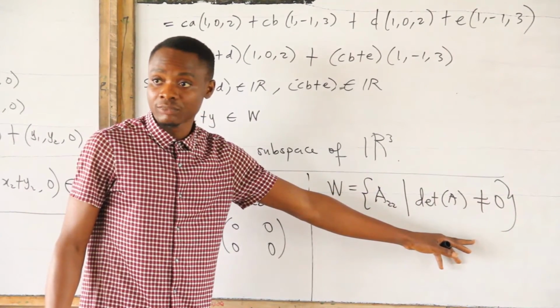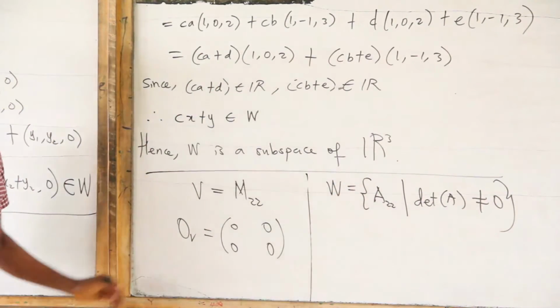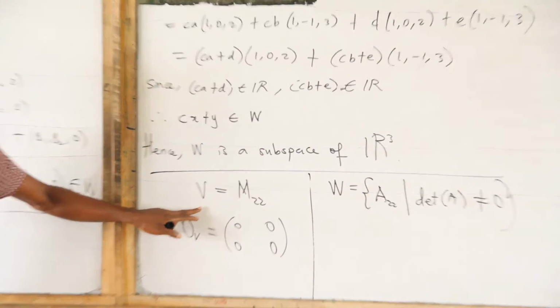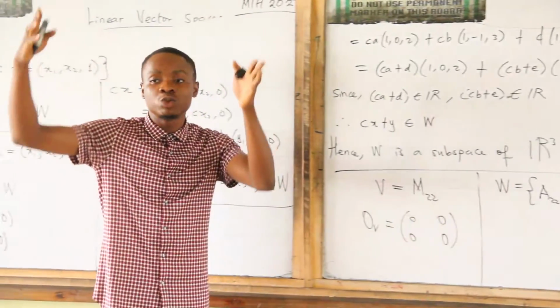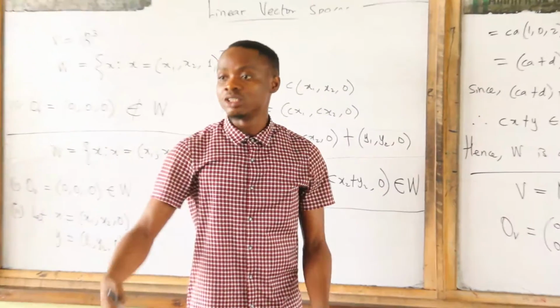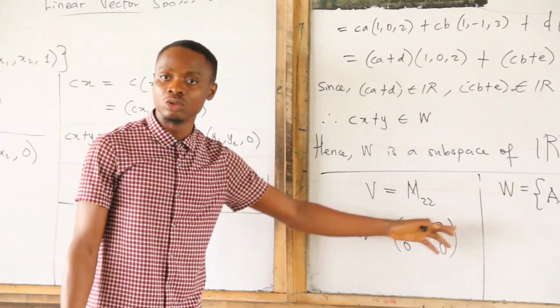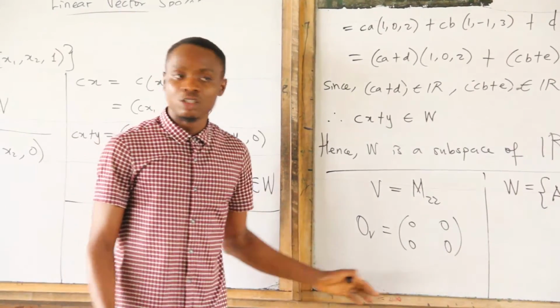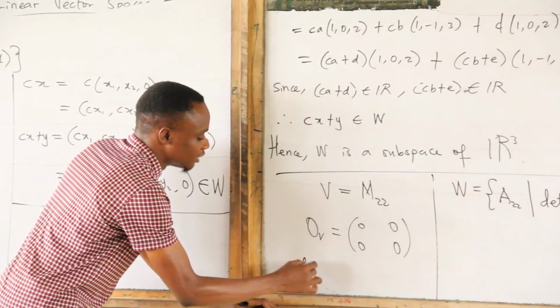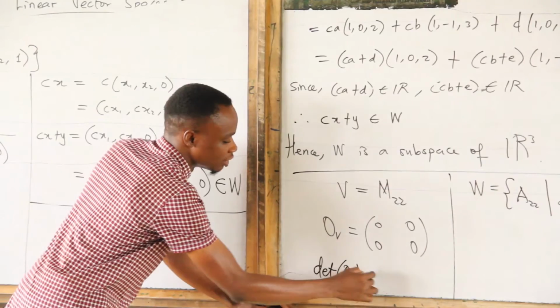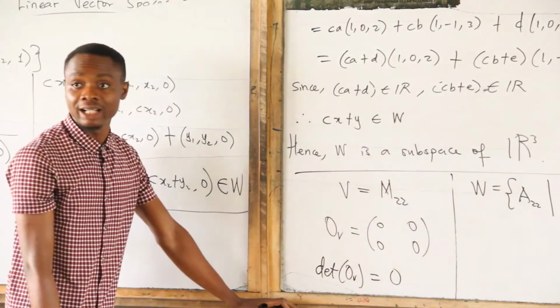The major space we are given is the space of 2 by 2 matrices, so the zero element in that space will be the matrix 0, 0, 0, 0. So obviously the determinant of this zero element is 0.